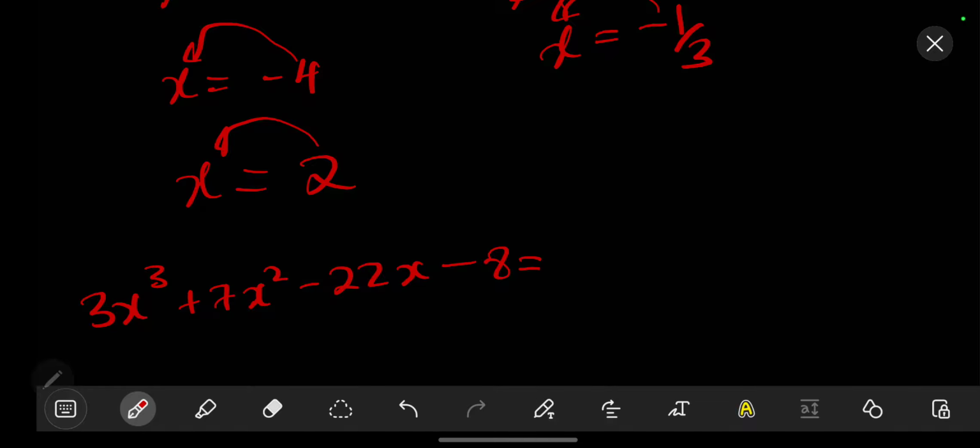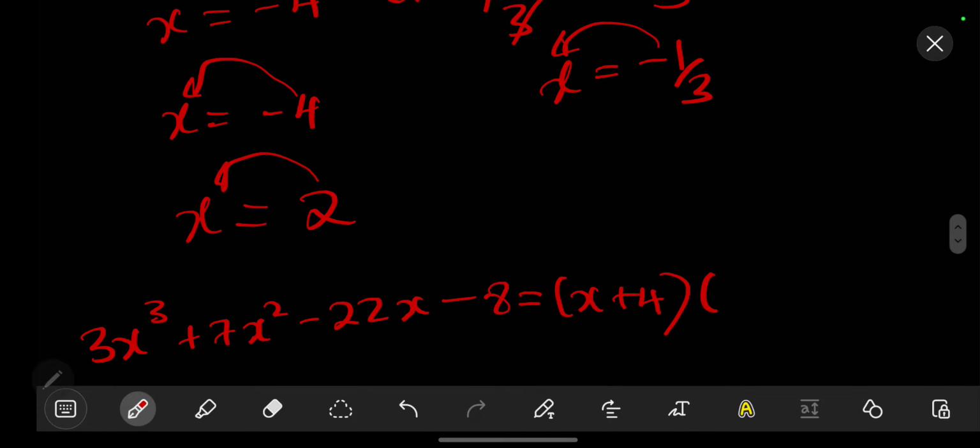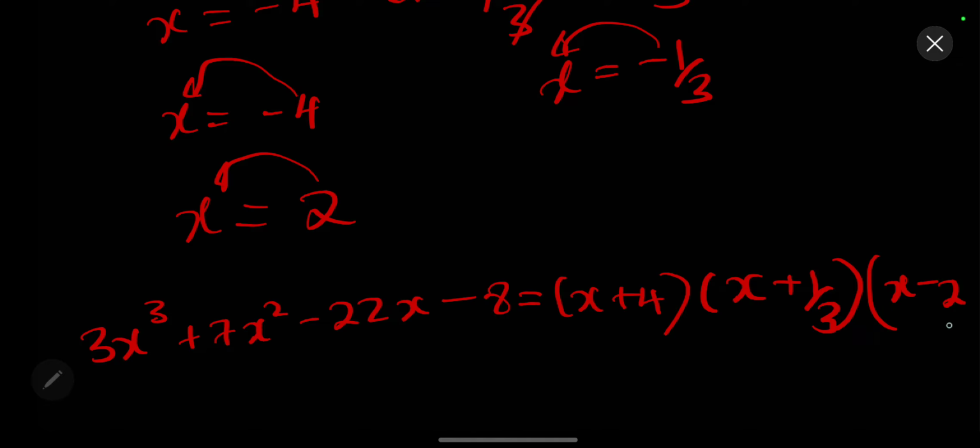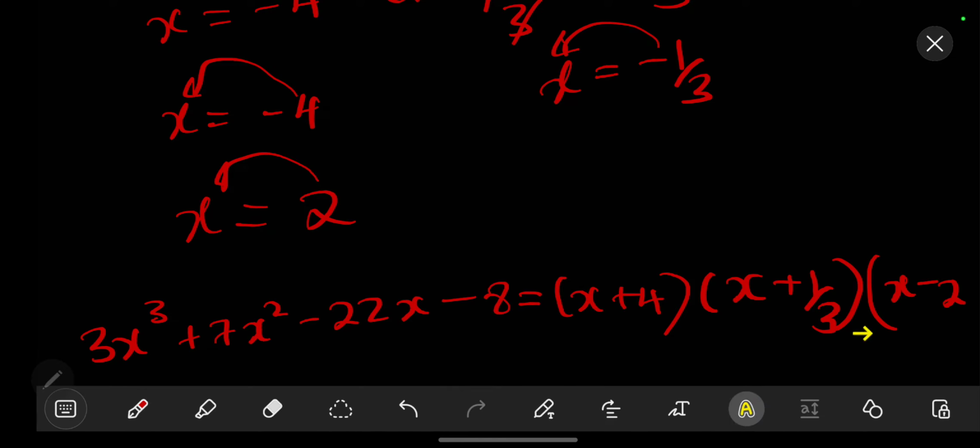So this should be equal to, if we take the 4 there, we are going to have our x plus 4, then we are going to multiply our, if we take the value here, we are going to have our x plus 1 over 3, then we are going to have also our x minus 2, like that. So this is how we do that one. So there should be a bracket there.